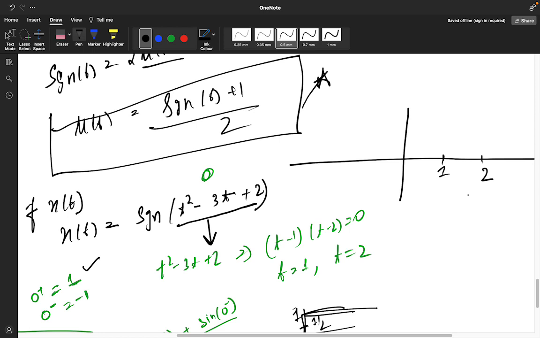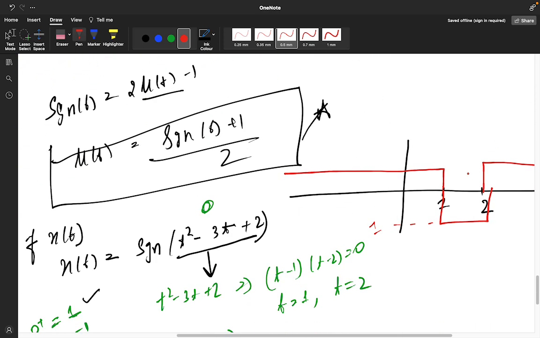In between these roots 1 and 2, our value will be negative. And when you have t lesser than 1, it is positive. And when you have t greater than 2, it is positive. So the curve will look like this. And why so? You can put in the value and check it.